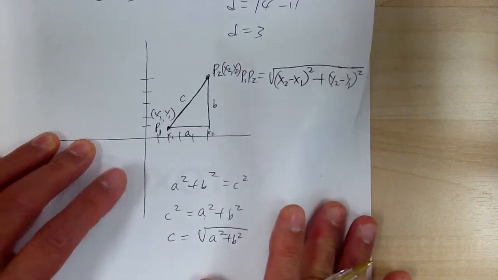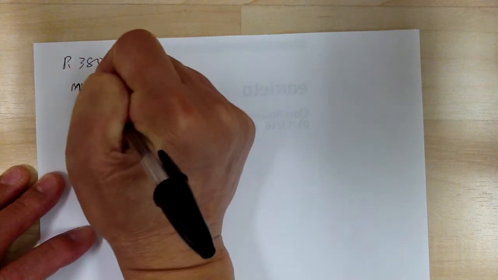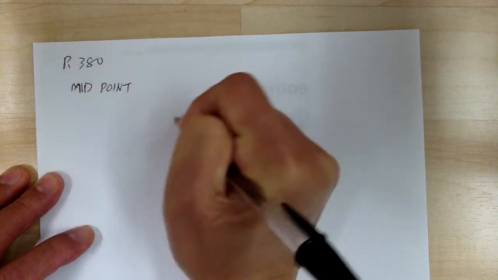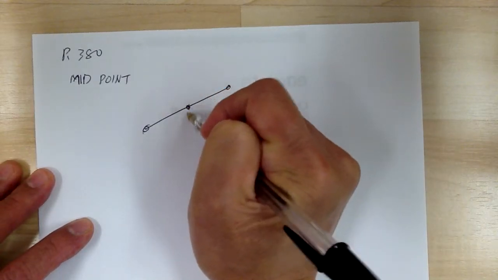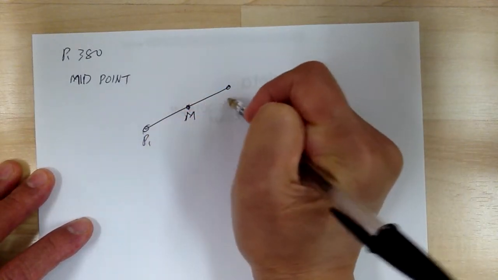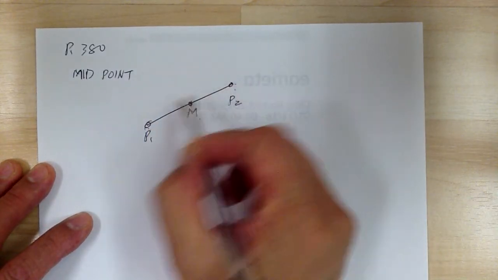Okay. Now, to find a midpoint, you just average the two. So let's say you have two points, and to find this midpoint over here, that's your P1, that's your P2. To find the midpoint, you just average the two points.